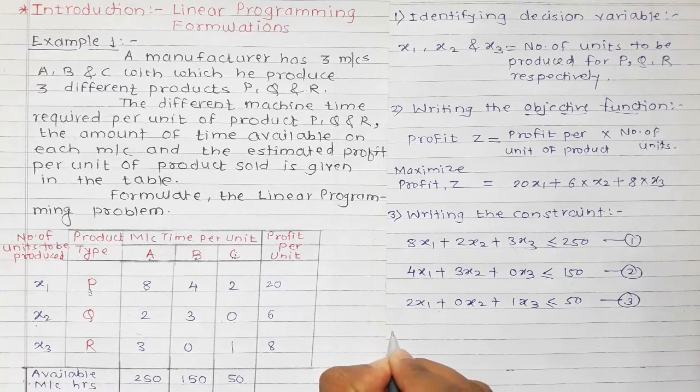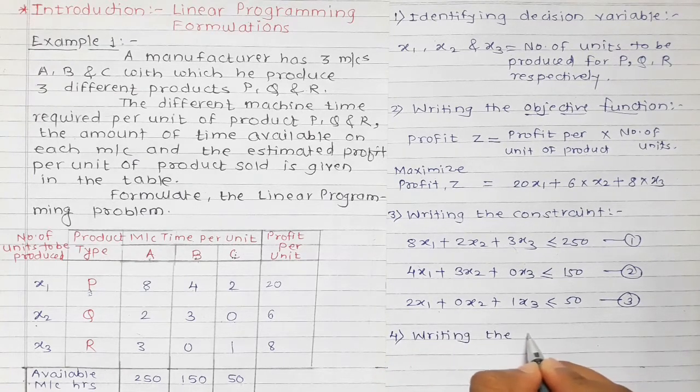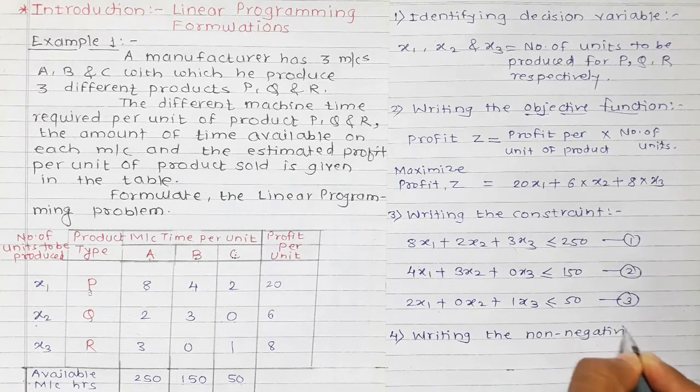And now step number 4 is writing the non-negativity restrictions.